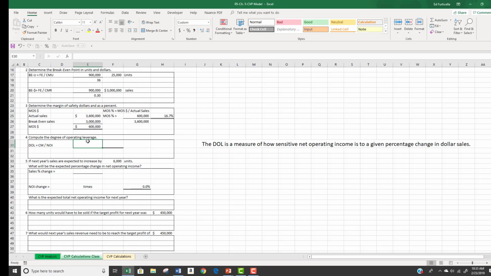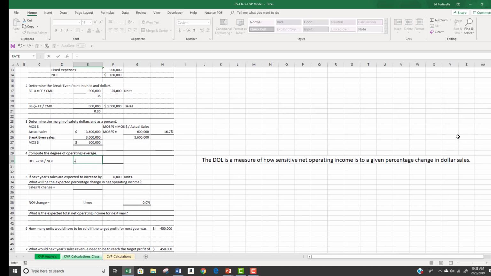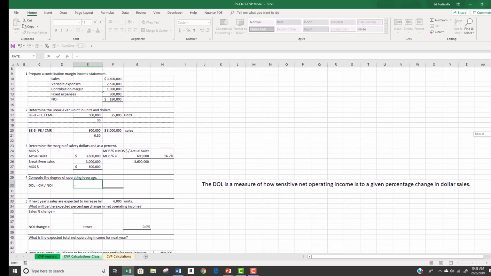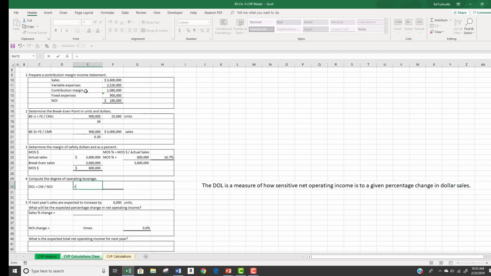So in our problem, we're going to say equals, and I'm going to point to the contribution margin. So having this statement done is critical to getting all these answers right. We're going to take the contribution margin as the numerator. The NOI of 180 is the denominator. And you're going to divide the contribution margin by the NOI, and you're getting 6.